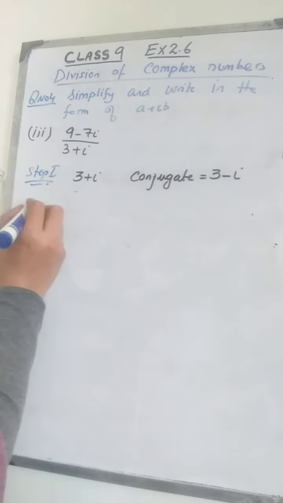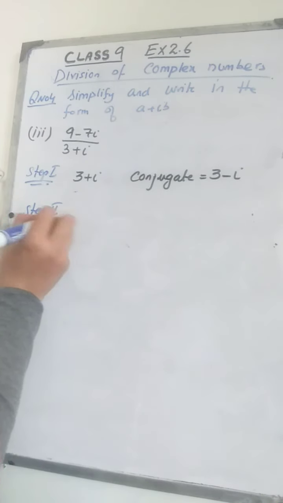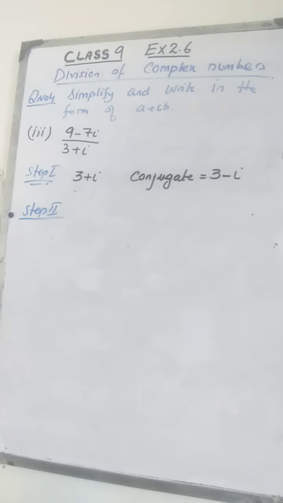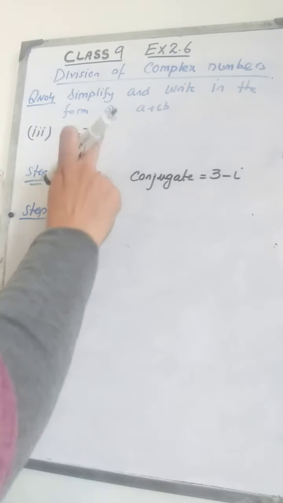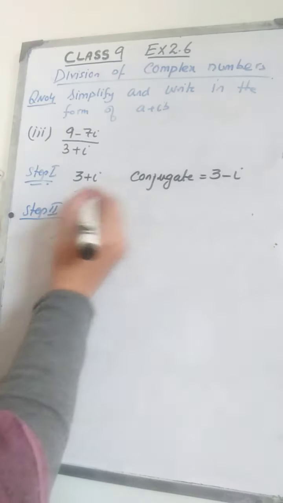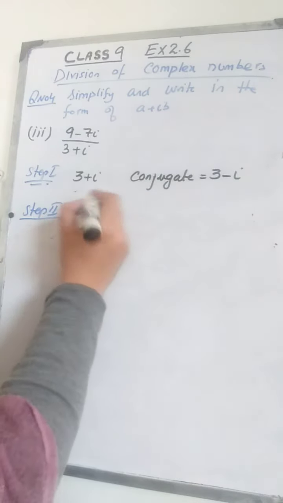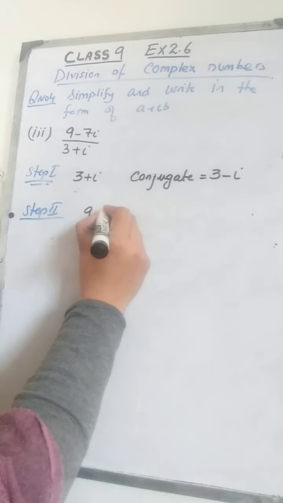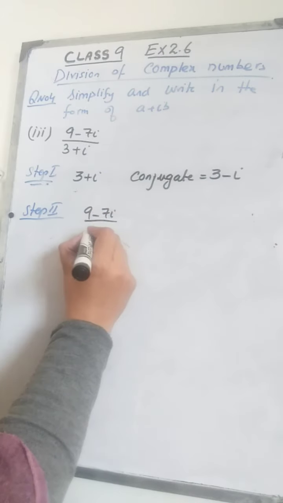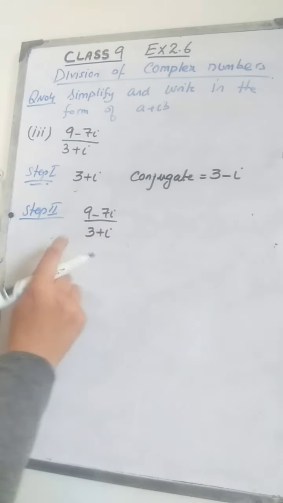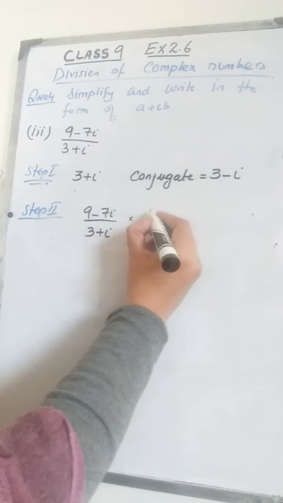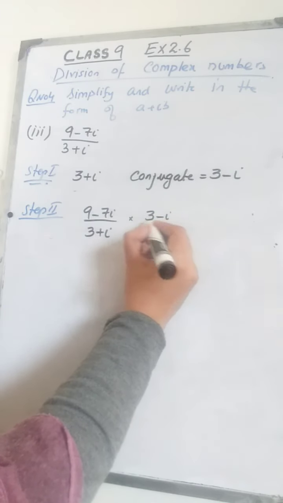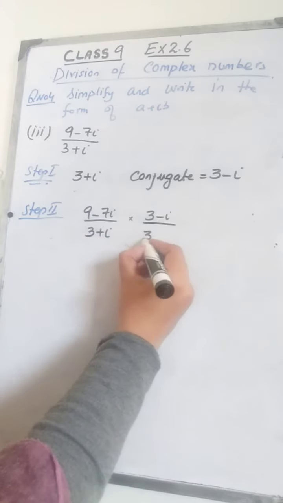Step 2 is, the conjugate that we found in step 1 will be multiplied and divided by this number. So we are going to write 9 minus 7 iota over 3 plus iota, and in this step we are going to multiply the conjugate with the numerator as well as the denominator.